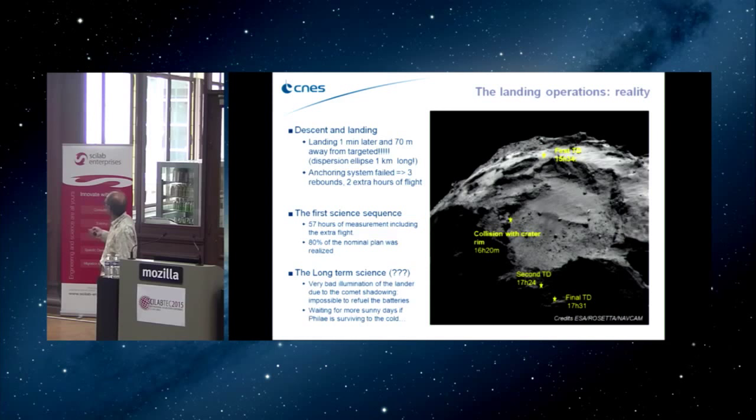We had selected an area that was very good from the illumination point of view, but we arrived on the winter side of the comet. And because of this, its temperature was too low. There was not enough sun on the solar panels, so it was decided to go into a kind of hibernation.